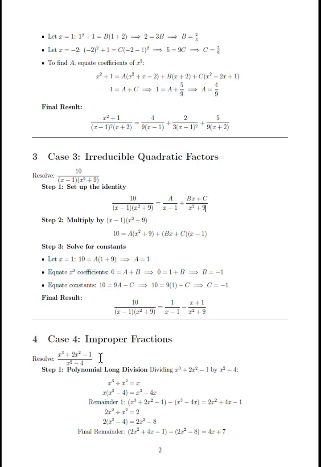That is, we divide the numerator by the denominator to be able to represent the improper fraction as mixed numbers, that is, a whole polynomial that will stand for the whole number plus a proper fraction.